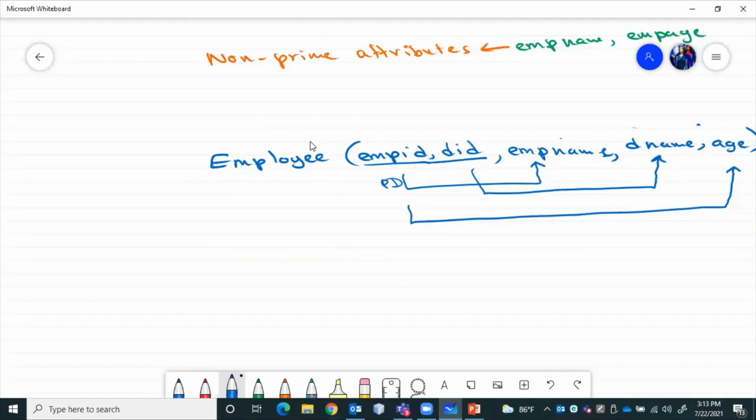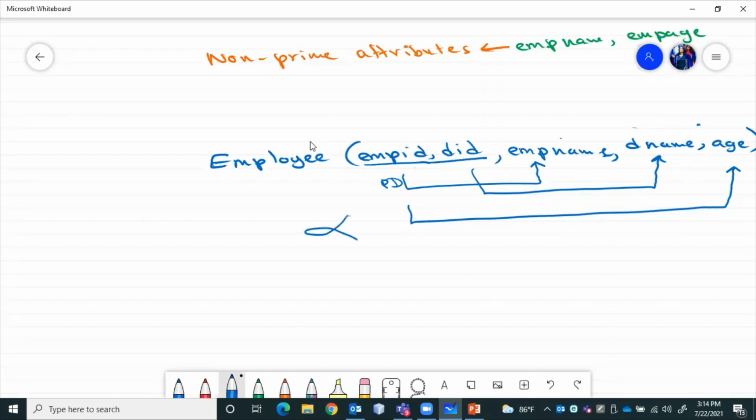Half of the primary key. This employee name is depending on half of the primary key. It's a partial dependency, right? Because the primary key is made with the employee ID and the department ID. So it is not fully dependent, all the non-prime attributes are partially dependent on the primary key.